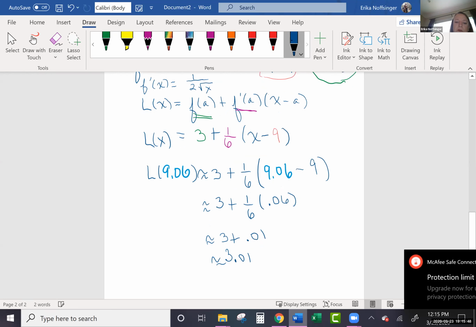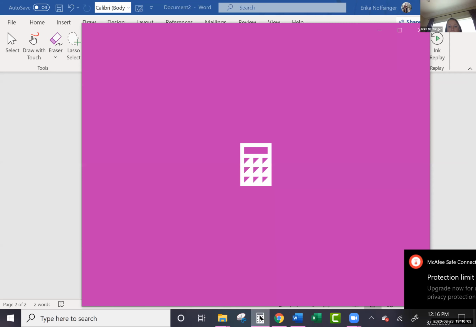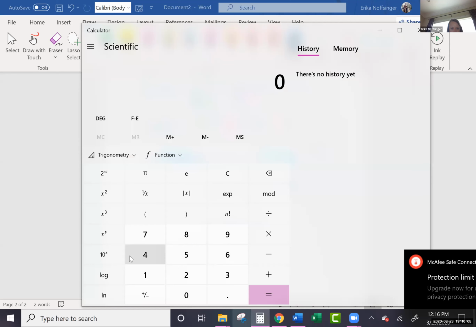And because we are approximating, I'm going to change the equal sign to an approximation. So if you took out your calculator and plugged in the square root of 9.06, it should be approximately 3.01. So let's just plug that in. Where's the square root button?